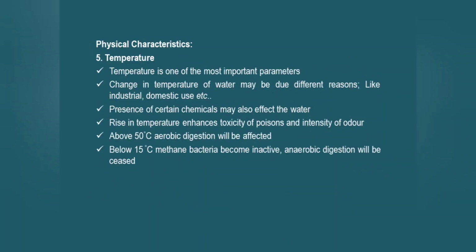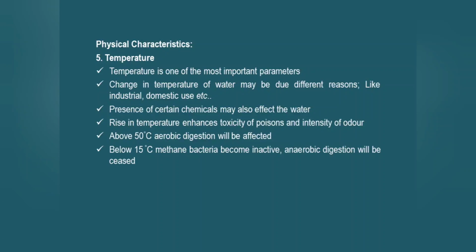The next physical parameter is temperature. Normally, the temperature of water depends on where it is present. If the water is present in a colder climate, then the water will be cold, and if it is present in a hot climate, then the water will be hot.